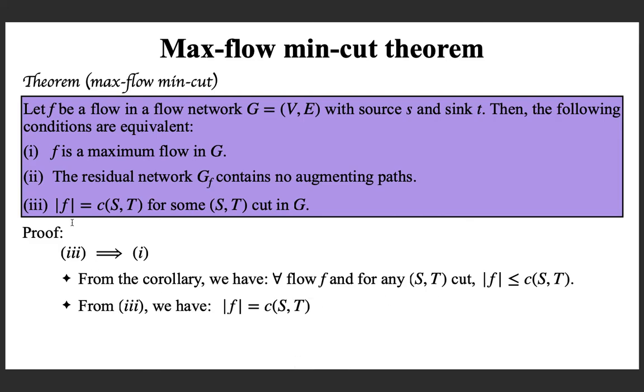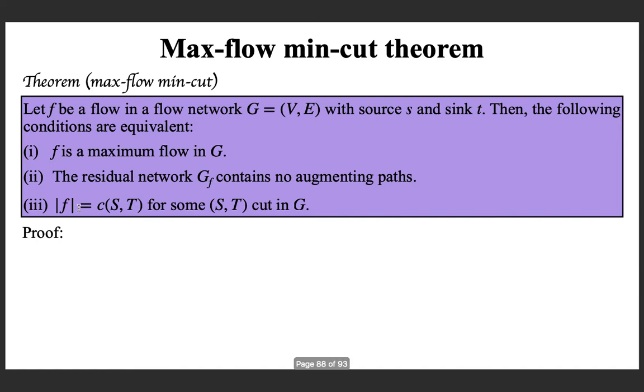Now from condition 3 we know that there exists an ST cut and a flow with that capacity, and hence it follows that F is maximum, because from the corollary we know that the flow value is upper bounded by the capacity of a cut. Now you have a flow with the capacity of the cut as its value, so that must be the maximum flow.